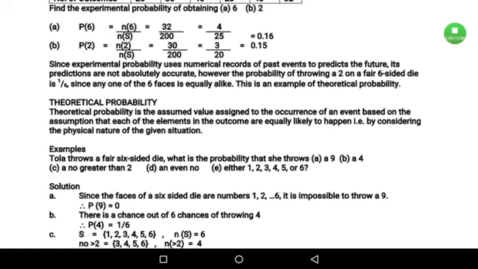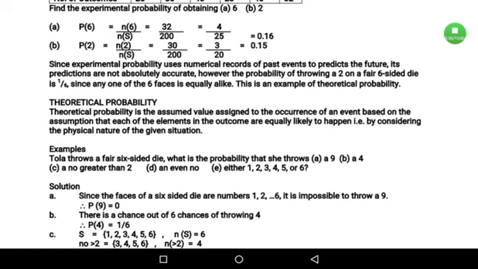However, the probability of throwing a 2 on a fair 6-sided die is 1 over 6, since any one of the 6 faces is equally likely. I told you the meaning of equally likely: every face of the die has an equal probability of showing itself. 1, 2, 3, 4, 5, 6 have equal probability of showing.